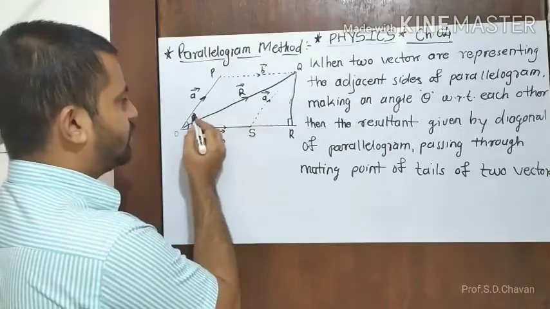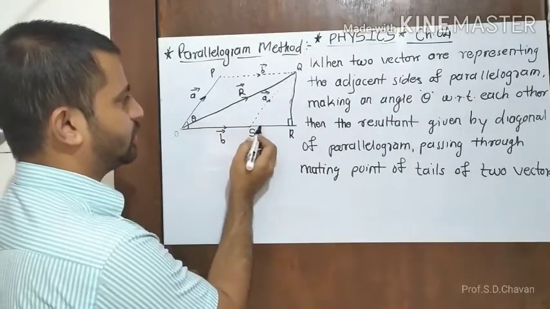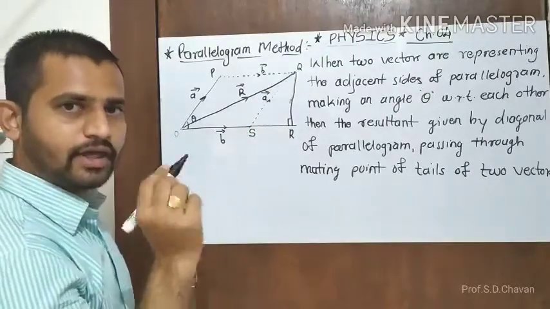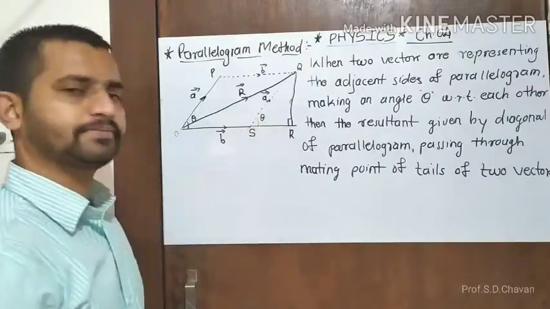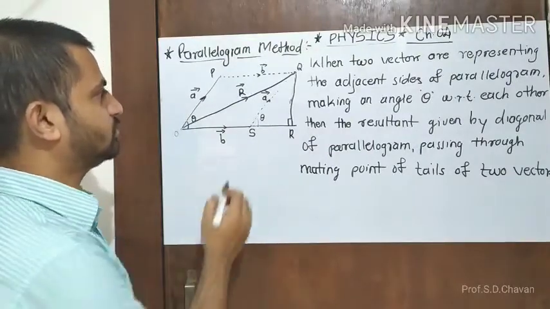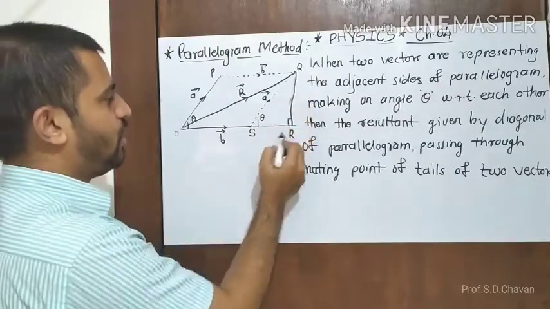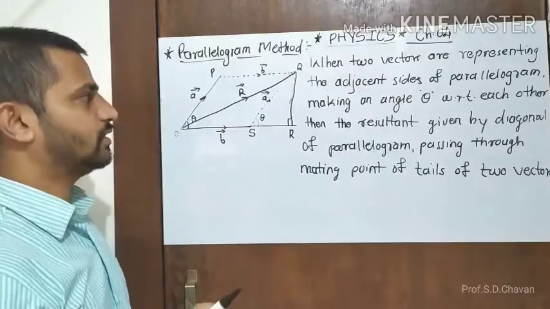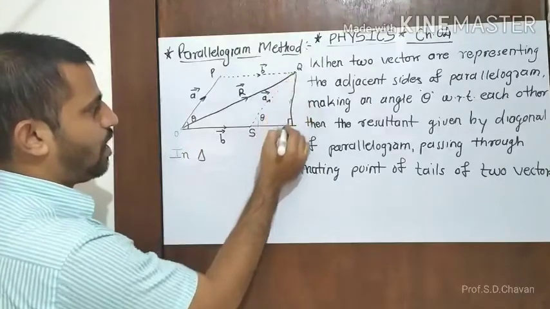This line is parallel to this line, and this line is making an angle theta with the horizontal, so this line is also making an angle theta with the horizontal. So this angle will become angle theta. Okay, so now we are having the two triangles, triangle QRS and triangle QRO. Now first of all, we have to consider the triangle QRS.